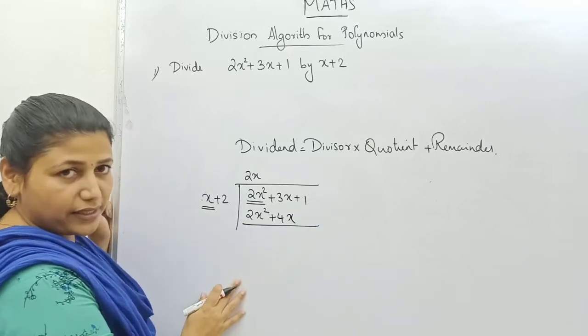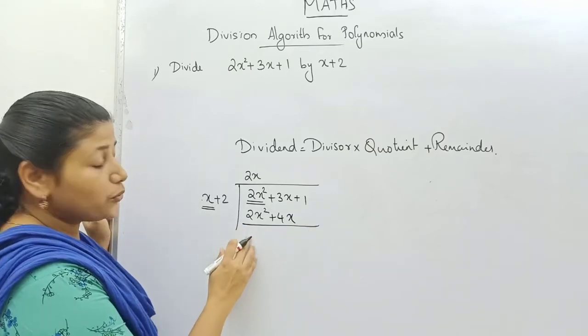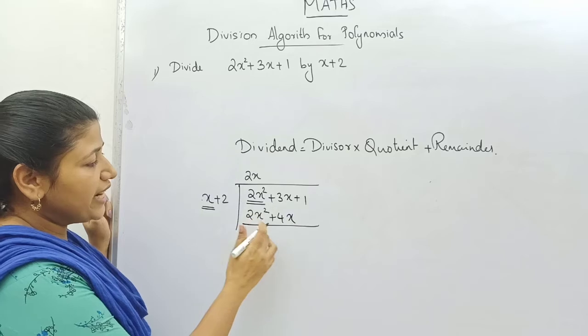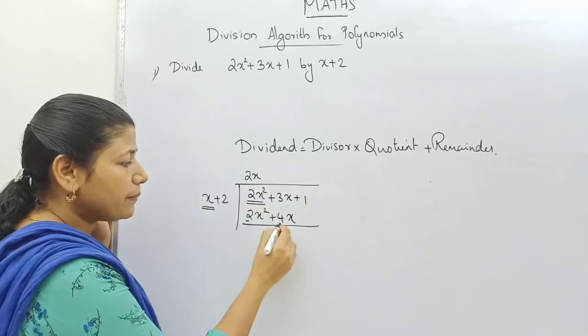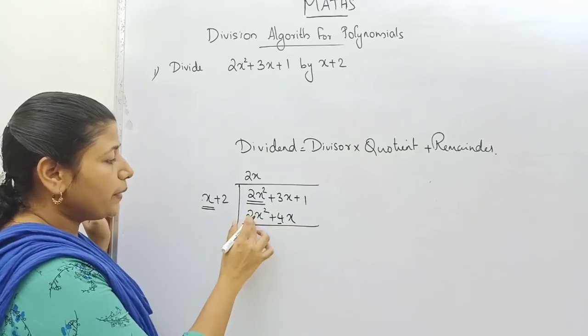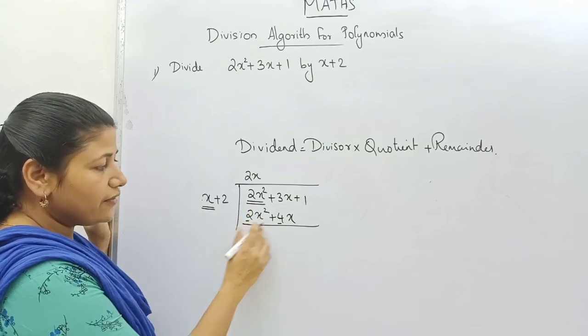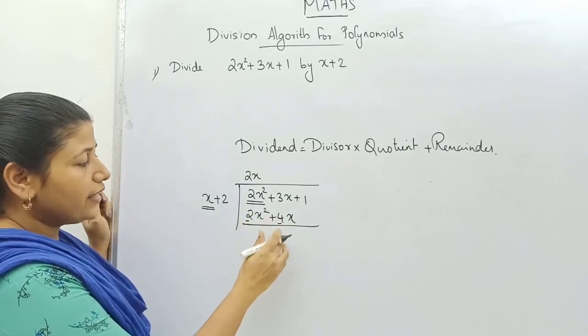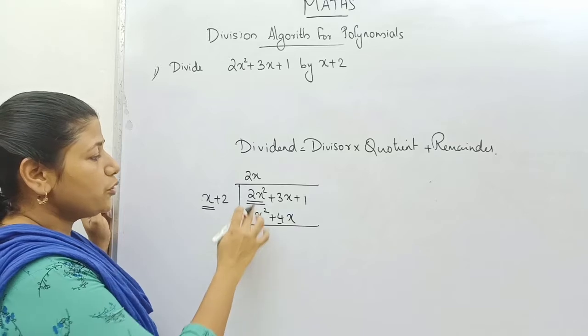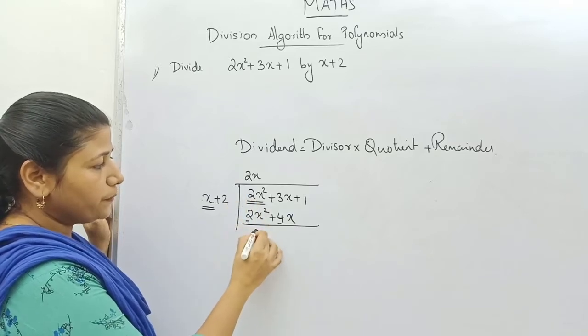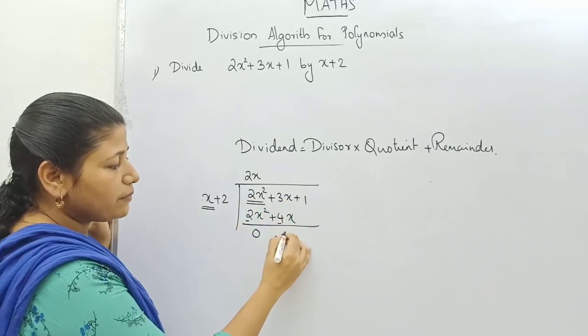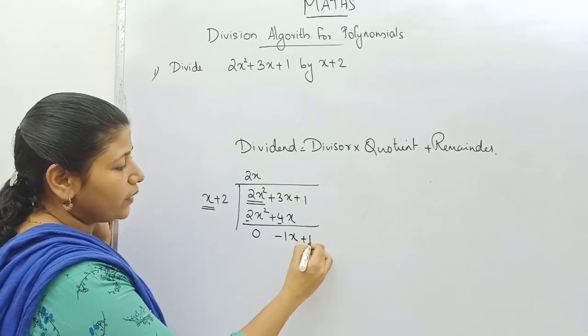Then just subtract. To subtract, we can easily change the sign of these polynomials. So 2x square is positive, so it will be negative, and 4x also positive, it will be negative. Now consider this sign: 2x square minus 2x square is 0. 3x minus 4x is minus 1x, plus 1.